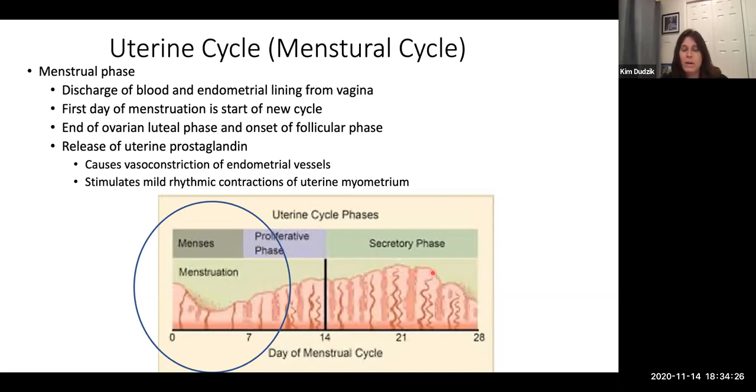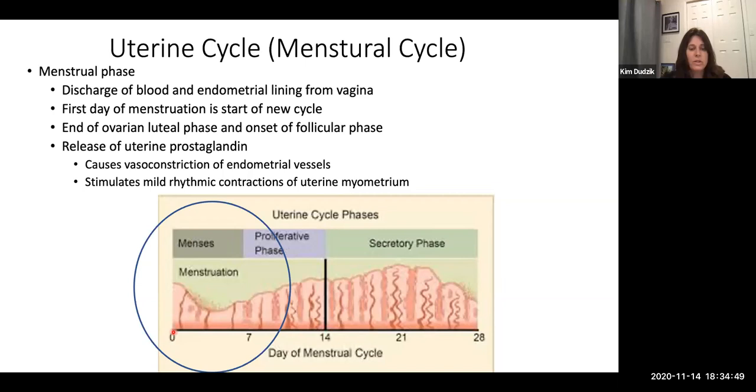But if the embryo doesn't arrive, then we break down that inner lining and we slough it off. And that starts what's called the first phase of the uterine cycle, which is menstruation, right? Uterine cycle is also known as the menstrual cycle. So just be aware of both terms, okay?